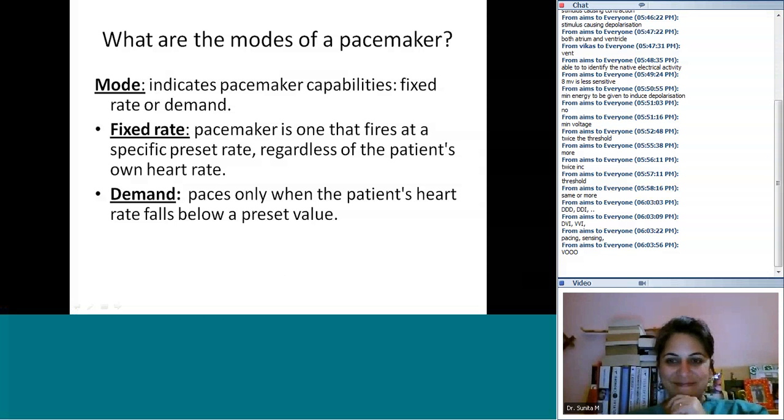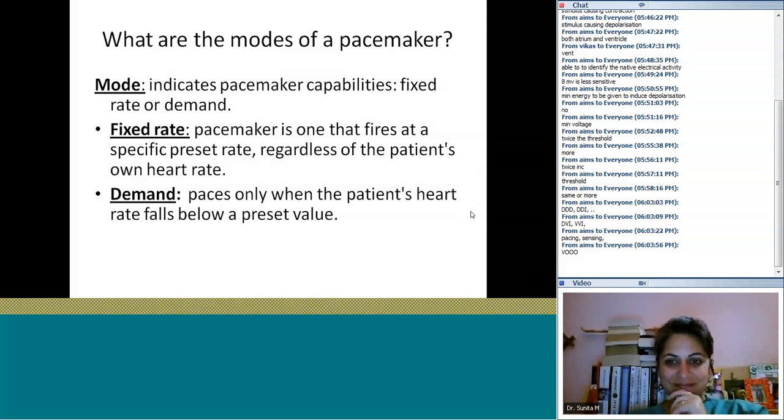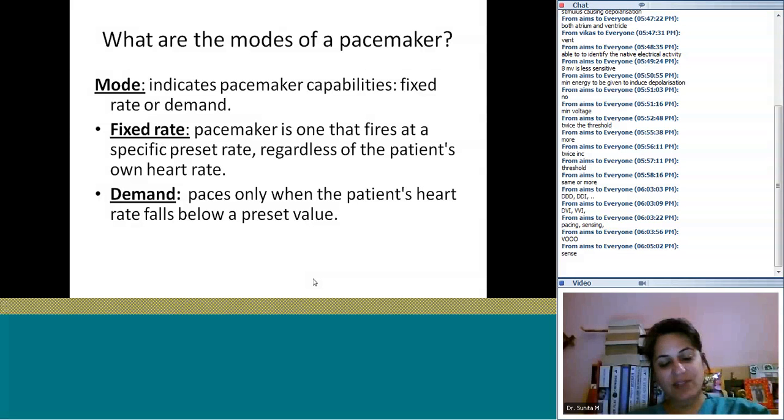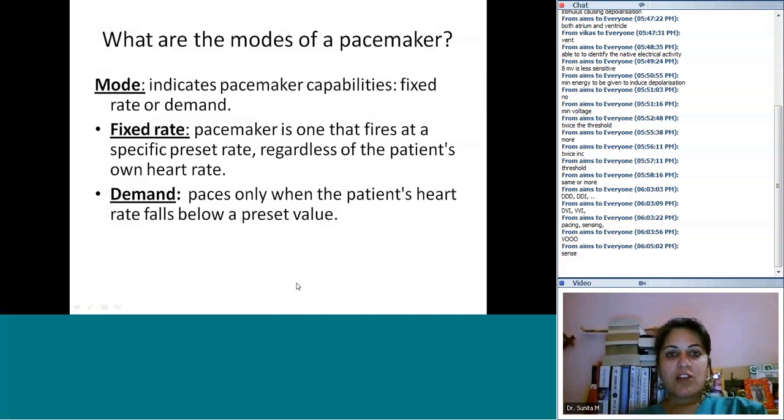And the answer is yes, right? If it doesn't sense, it's going to keep pacing, right? So it has to be able to sense. So these are essentially the two modes that you need to determine. Do I want a demand? Do I want a fixed rate? And that will determine where you pace, where you sense, and so on.